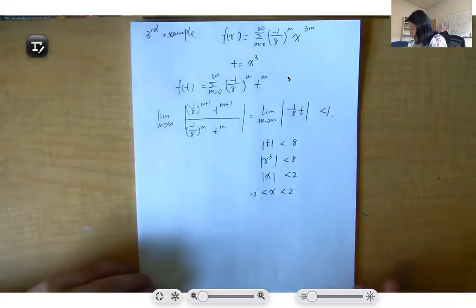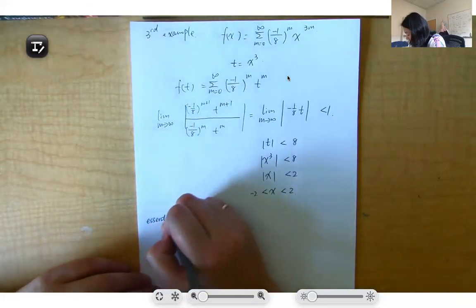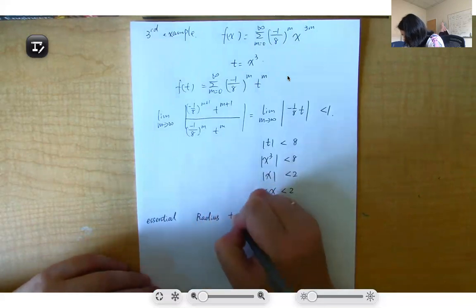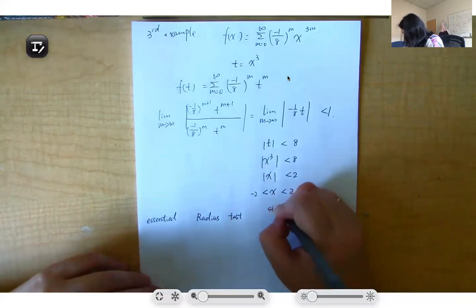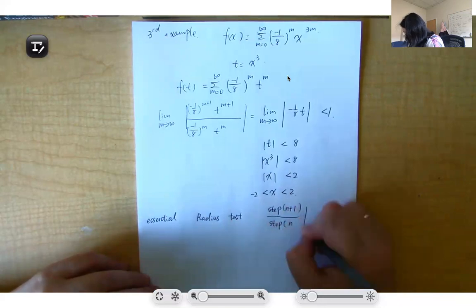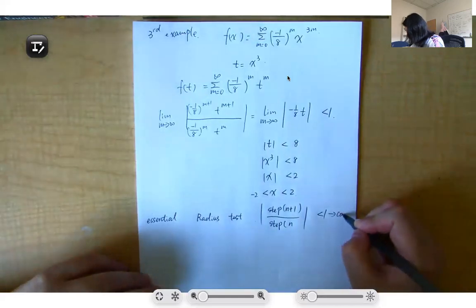So essentially, for the radius test, we compare the step of n plus 1 over the step of n, and if that ratio is smaller than 1, it will converge.